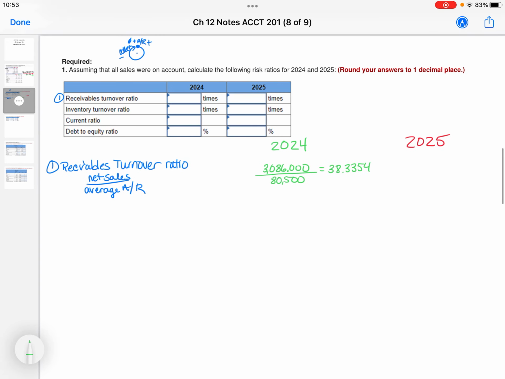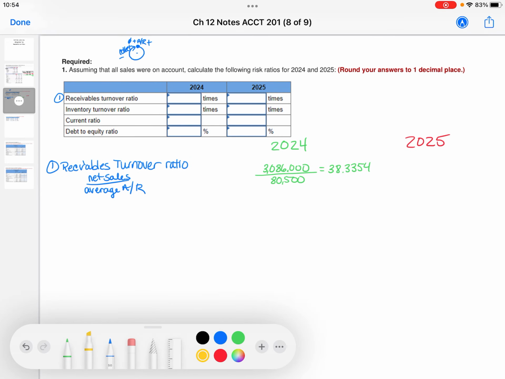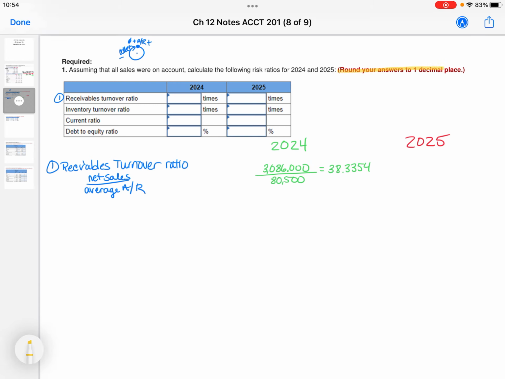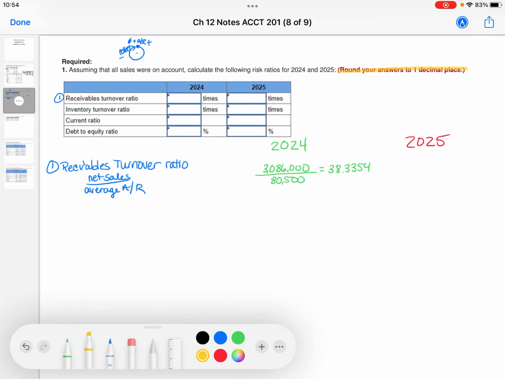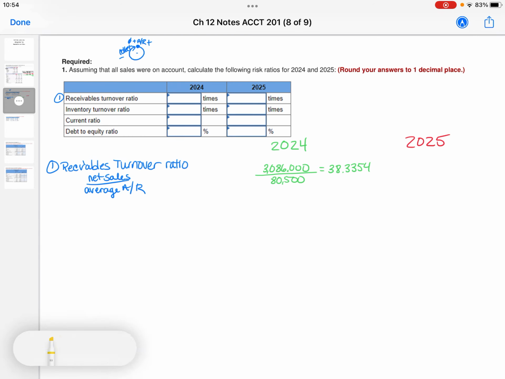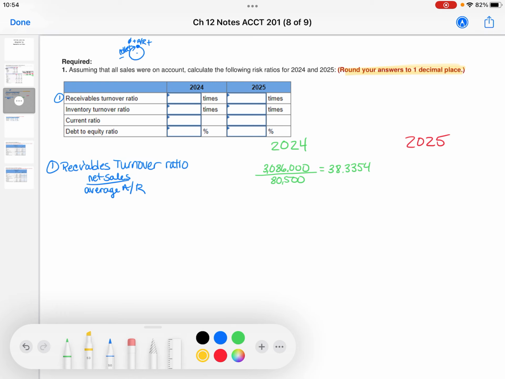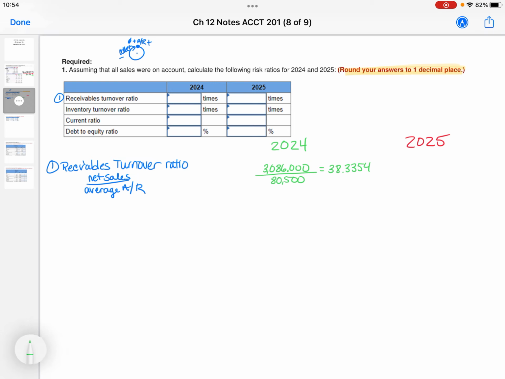And when we read the instructions here, it does say to round your answers to 1 decimal place. Okay, we're going to round our answers to one decimal place. And when we get to the percentage, I'll teach you that one. All right, so the answer would be 38.3 times. So that's pretty good.